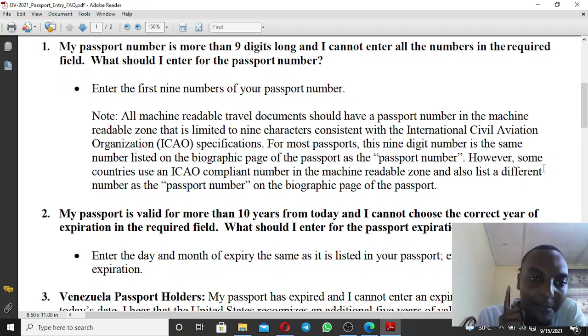However, some countries use an International Civil Aviation Organization compliant number in the machine readable zone, and also list different numbers as the passport number on the biographic page of the passport.